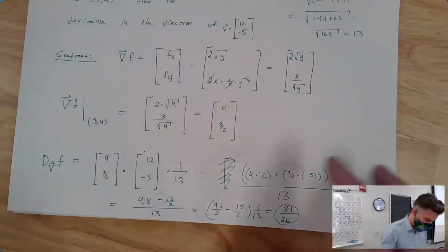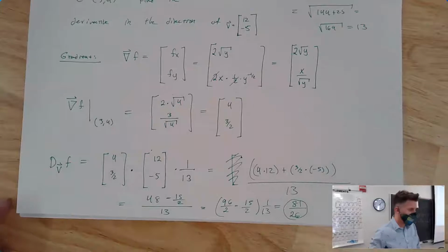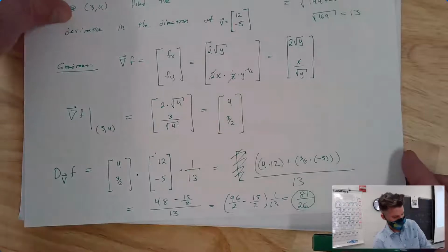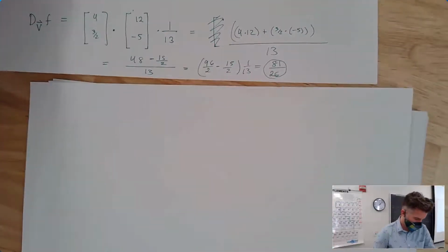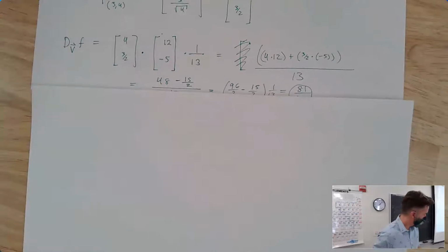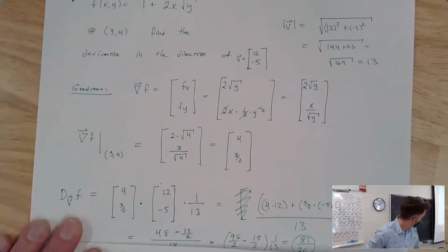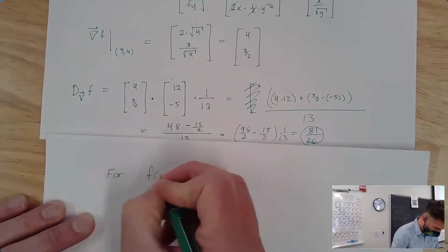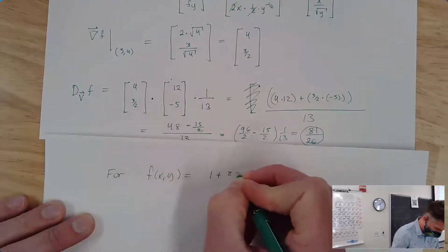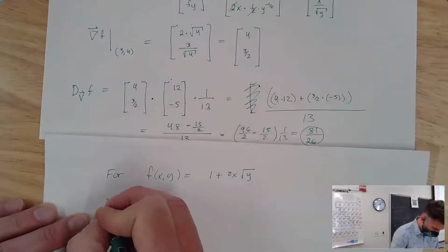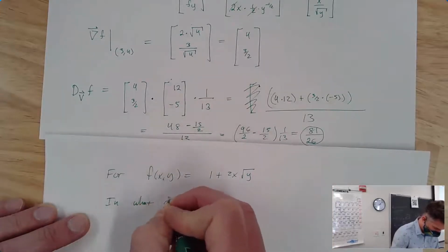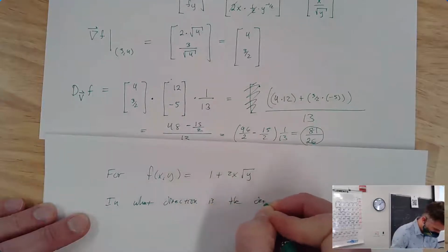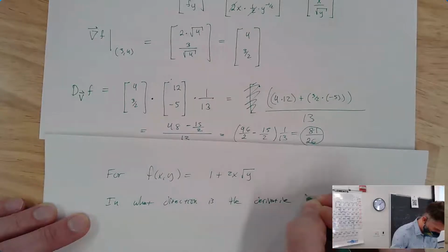All right, let me ask you a different question. For this particular function, way up there, f of x, y equal to 1 plus 2x times the square root of y, in what direction is the derivative the greatest?